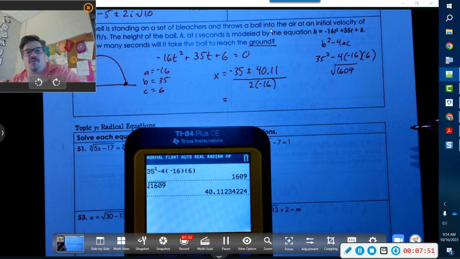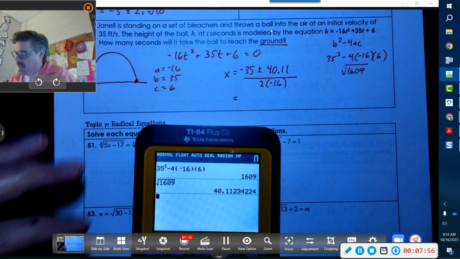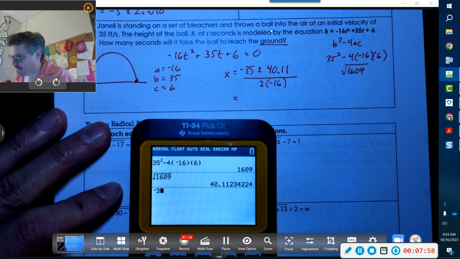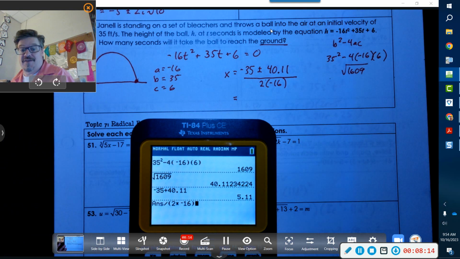We want to get rid of the negative answer because negative seconds don't make any sense. So let's see what we get here when we go negative 35. Let's go plus 40.11. Hit enter. Divide by, we're going to go, oh, let's see, 2. And I notice that I'm putting this into parentheses here. Okay, I'm dividing by both of these. And that gives me a negative answer, so that's not going to work.